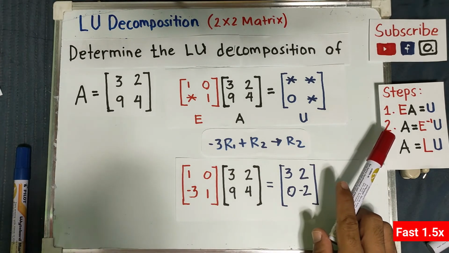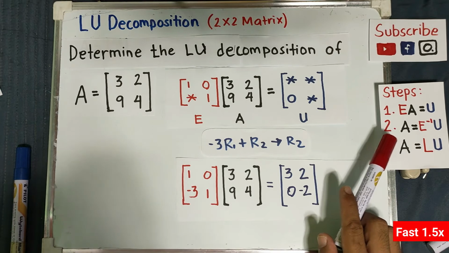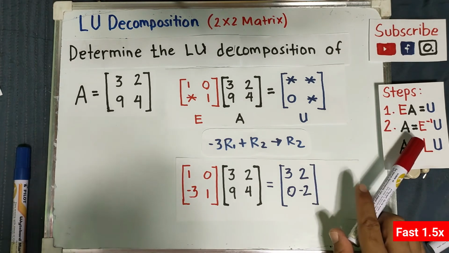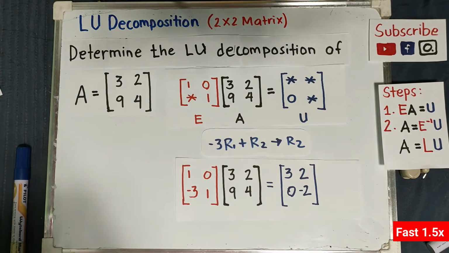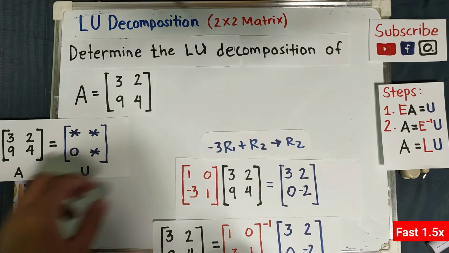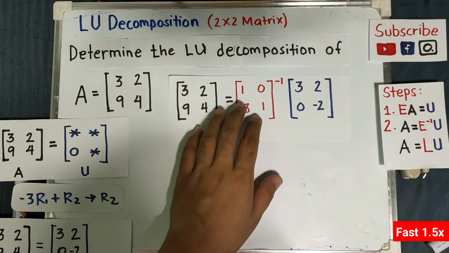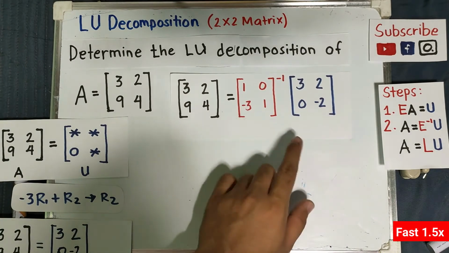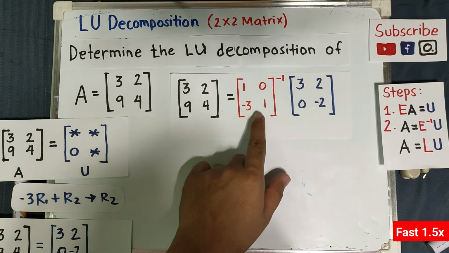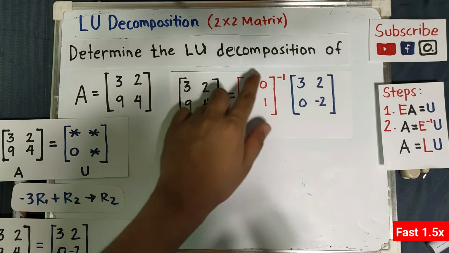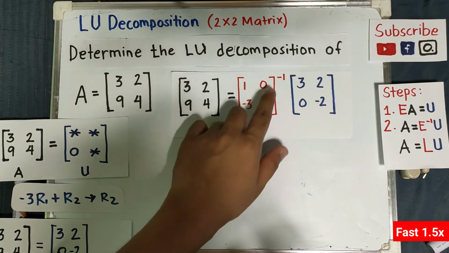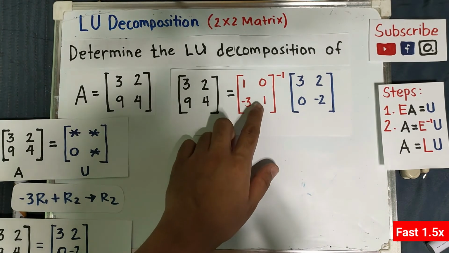Step number 2 is we will write it this way: A equals the inverse of the elementary matrix times U. So this is our step number 2. We have our A, inverse of E, and U, the upper triangular matrix. We will first solve the inverse of E. So how do we solve the inverse of a matrix?